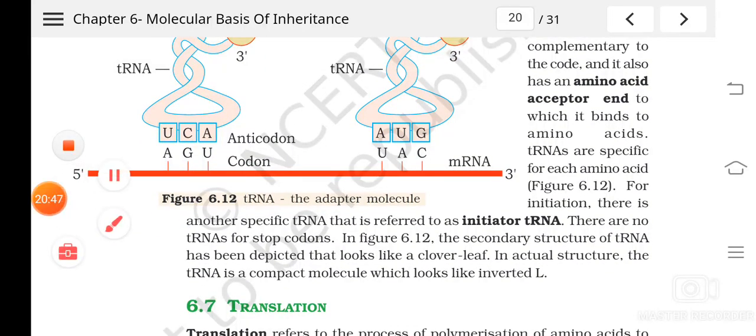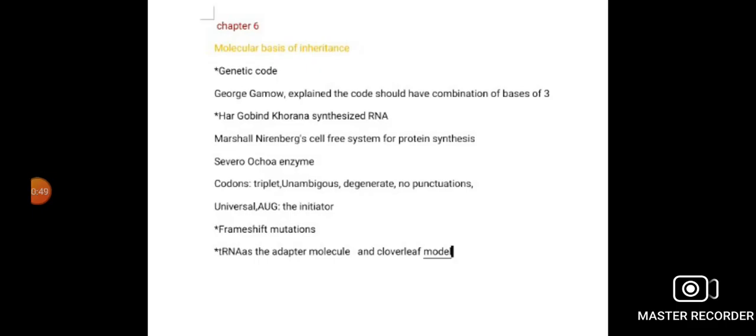What we have studied today is the genetic code. George Gamow explained the code should have a combination of 3 bases. Then Har Gobind Khorana was experimental in synthesizing RNA. Marshall Nirenberg could produce protein in a cell-free medium, and for this experiment, the Severo Ochoa enzyme was useful.